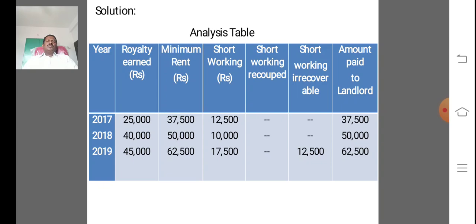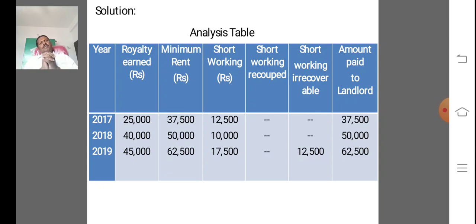In the year 2019, 45,000 is the royalty and 62,500 is the minimum rent. Even in this case also, the shortage is 17,500.